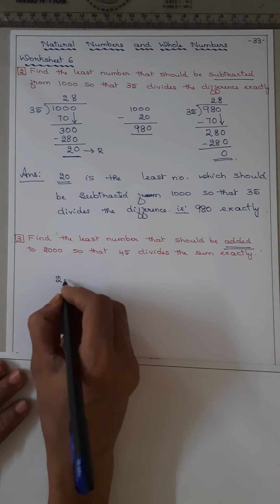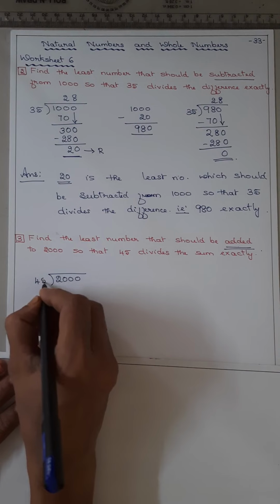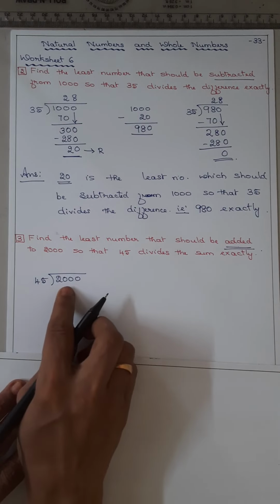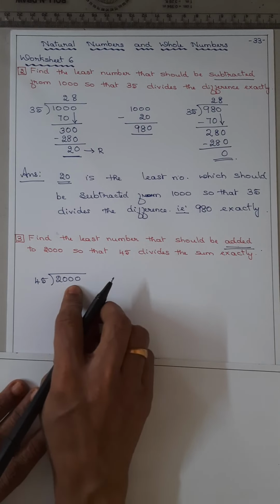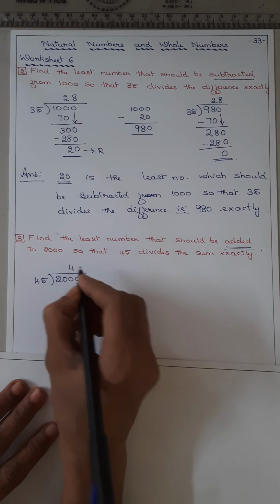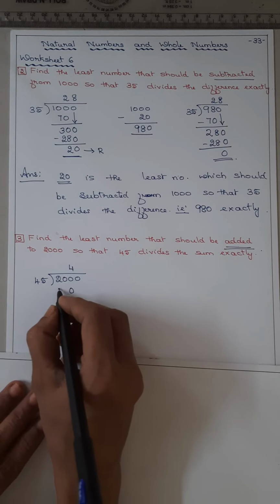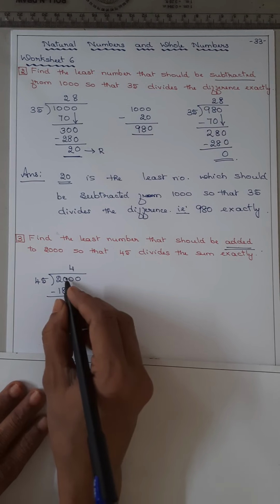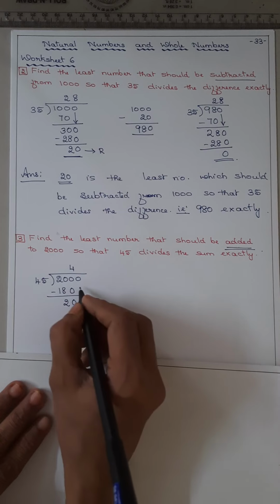Added वाला example के जैसे करो. So take the number, 2000, and divide by 45. 45 and 20 not possible, so 200. 4 5s are 20, 4 4s are 16, 17, 18. 0 minus 0, 0, 10 minus 8 is 2 and 1 minus 1, 0.